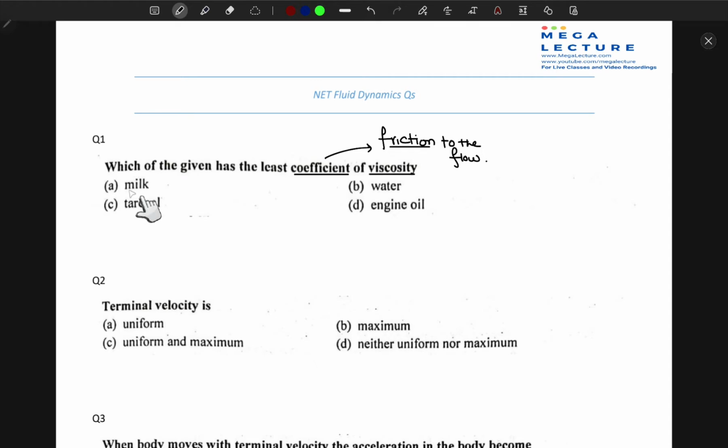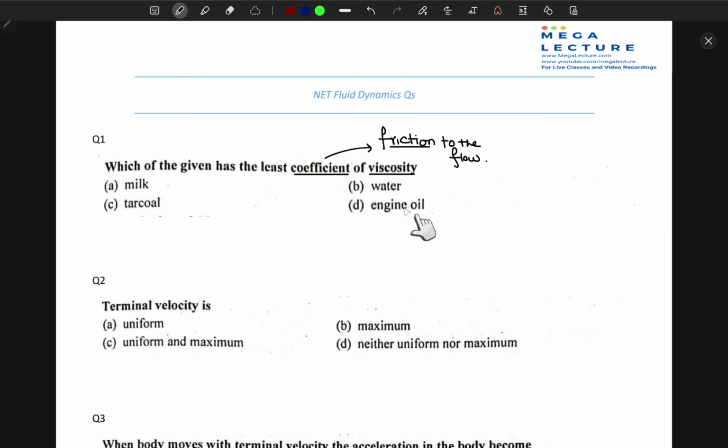Now we have options: milk, charcoal, water, and engine oil. Now, engine oil has viscosity. If you think about any oil, it flows with more friction relative to water. So we'll compare everything with water because water is an everyday-use substance, right?